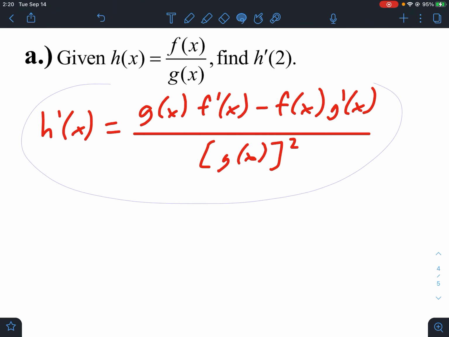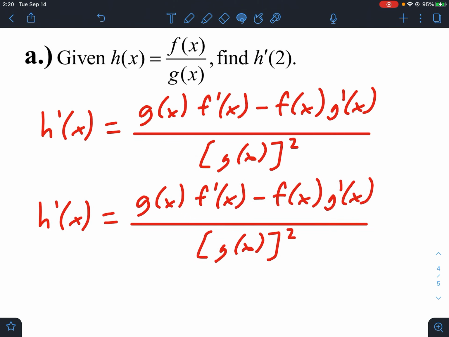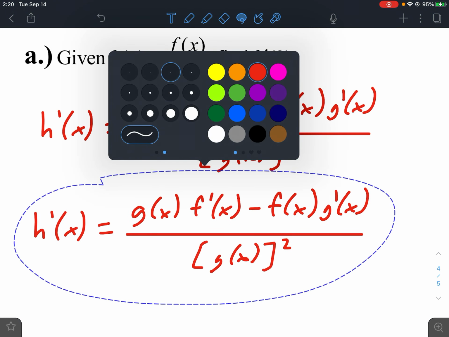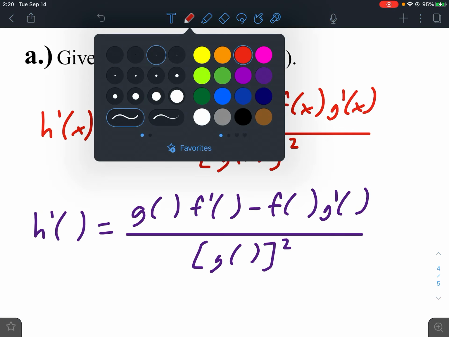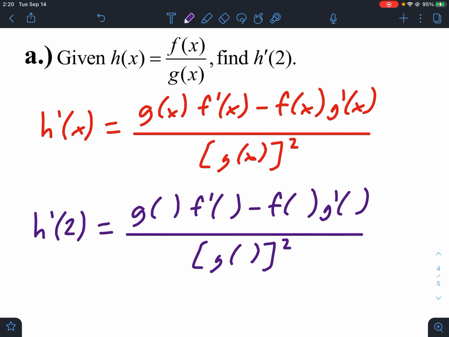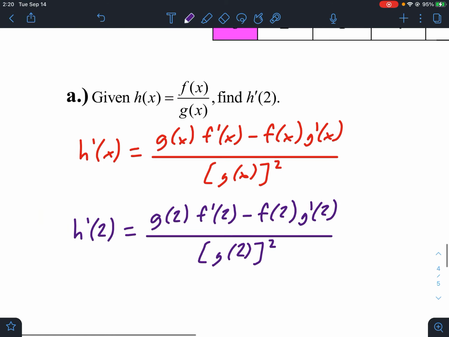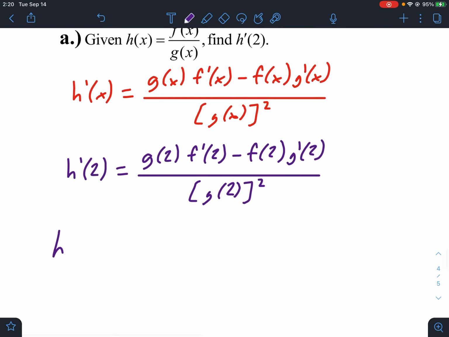But now we want to find the derivative at 2. That's no big deal. We're just going to take x, and everywhere we see an x, we're going to replace it with a 2. Now we can go to our table for our values here.